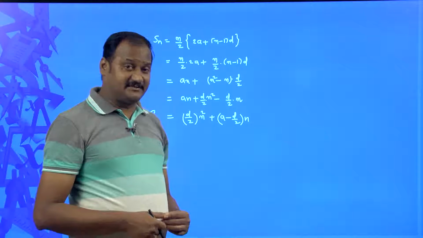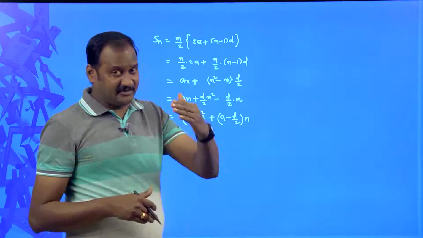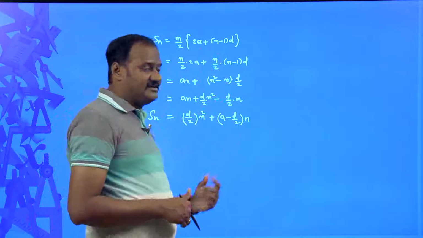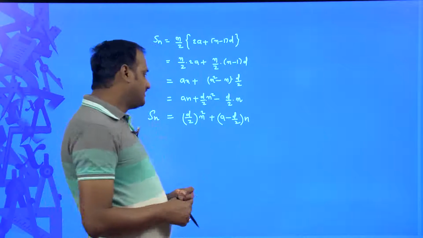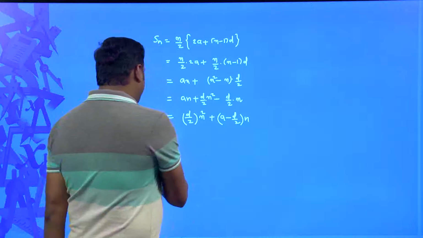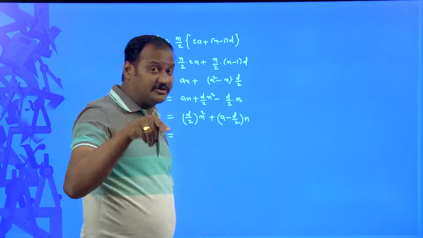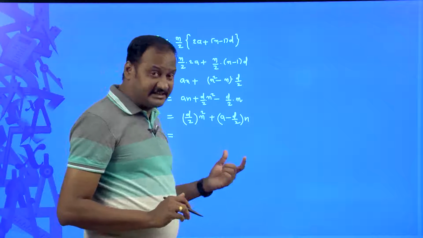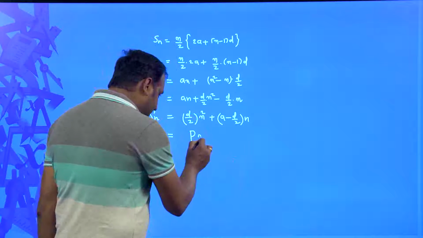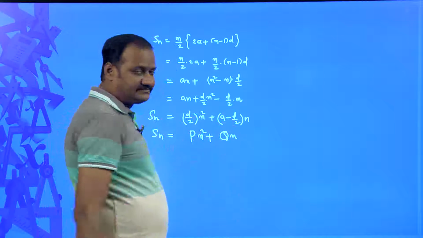In second degree expressions you will have a constant, in the form ax square plus bx plus c. But here the value of c is going to be 0. So, you can say the sum to n terms of an arithmetic progression would be a second degree expression without a constant. So, you can write it as something into n square plus something into n.